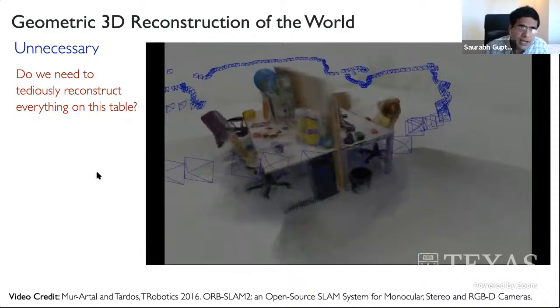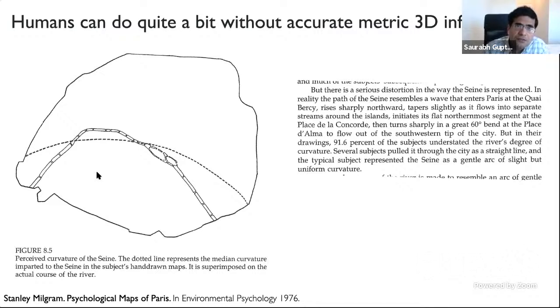But this goes further, actually, which is that full camera estimation might also be unnecessary in the following sense. So there are some experiments that were done by Stanley Milgram in 1976, where what he did was ask people living in Paris to draw their understanding of what is where in Paris.